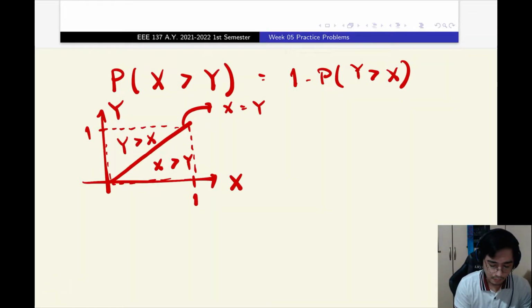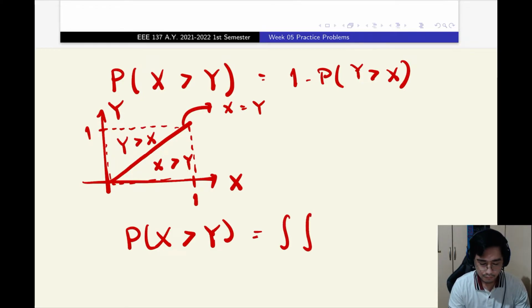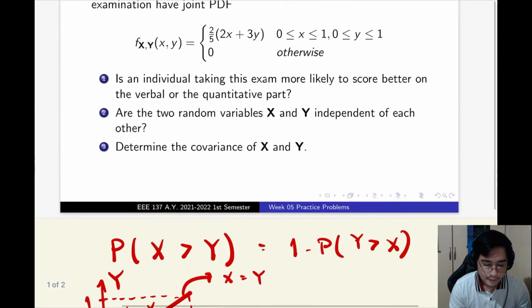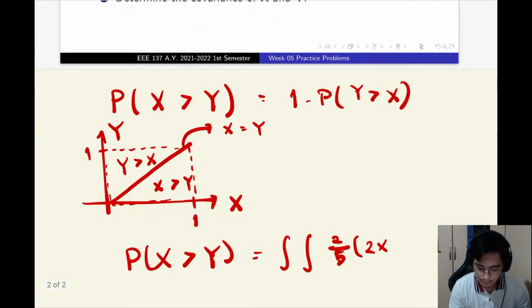So the probability that x greater than y is equal to the double integration of the function 2/5 times (2x plus 3y), integrated over y and integrated over x.